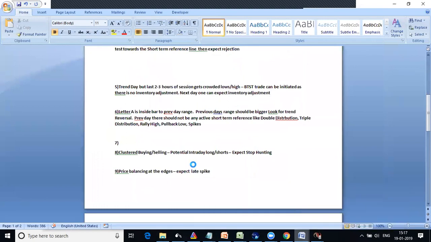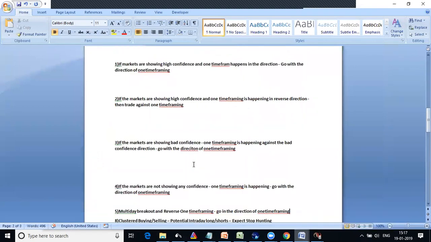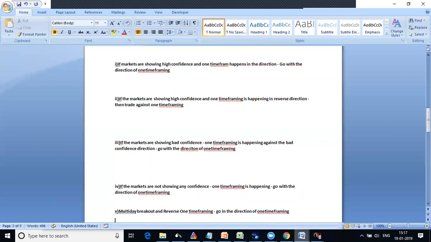I'm going to add to this one, and this is inside that it is 2, inside that it is 3, inside that it is 4, inside that it is 5, and one more, 6.